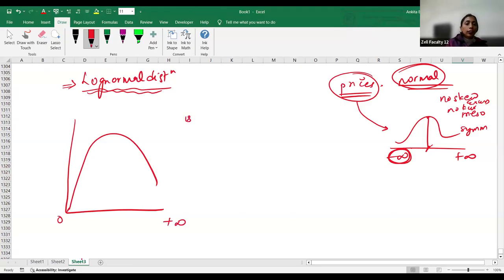It is a skewed distribution, skewed towards the right, because prices would not be near zero, but somewhere away from zero. So the log normal distribution is generally used to model the prices of a stock.